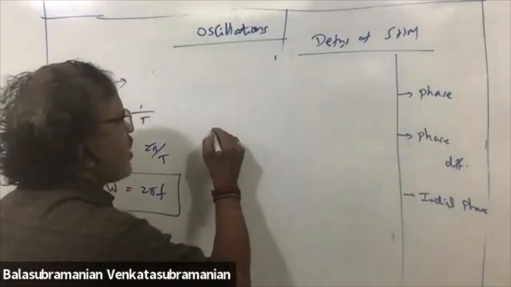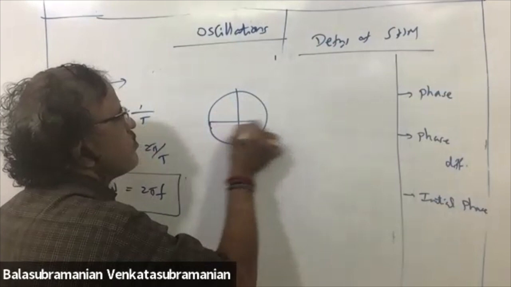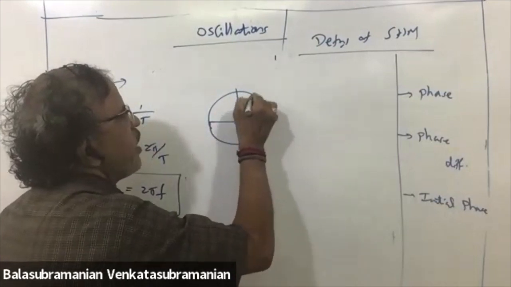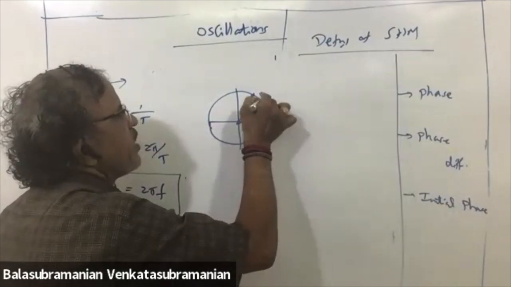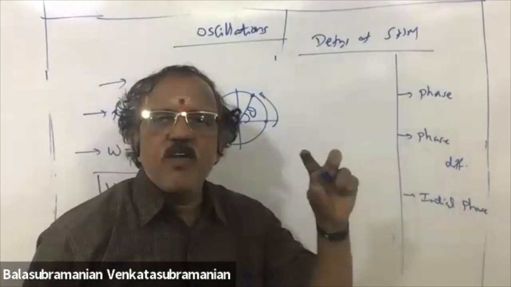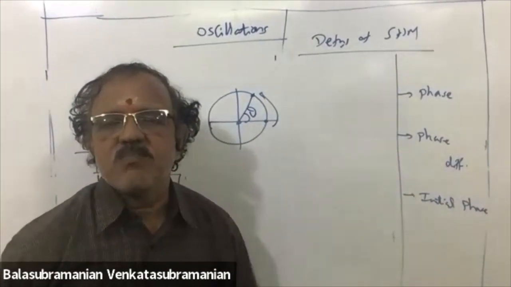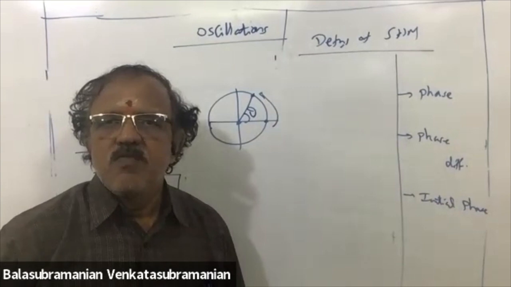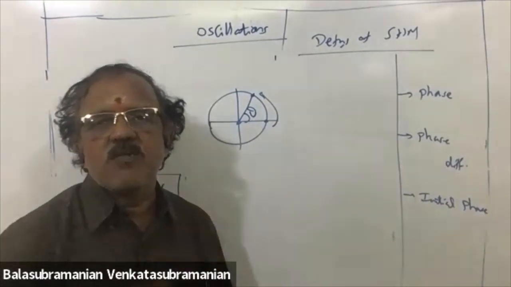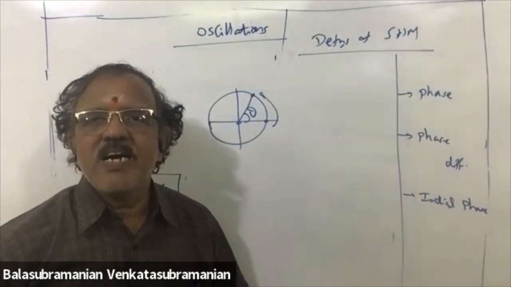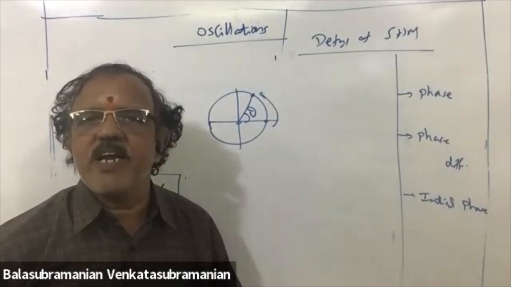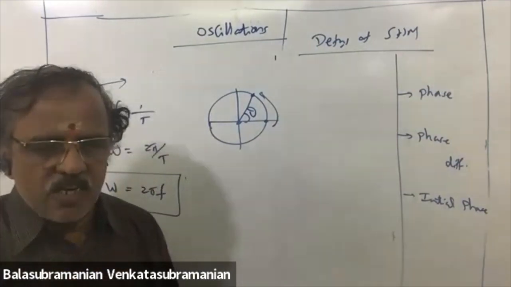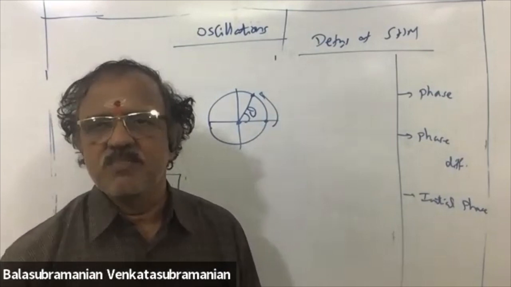It is moving in circular path. Initial point, final point, what angle it has made. That is called phase. Phase means angle. From the initial to final. The angle subtended by the vibrating particle when it is executing simple harmonic motion.